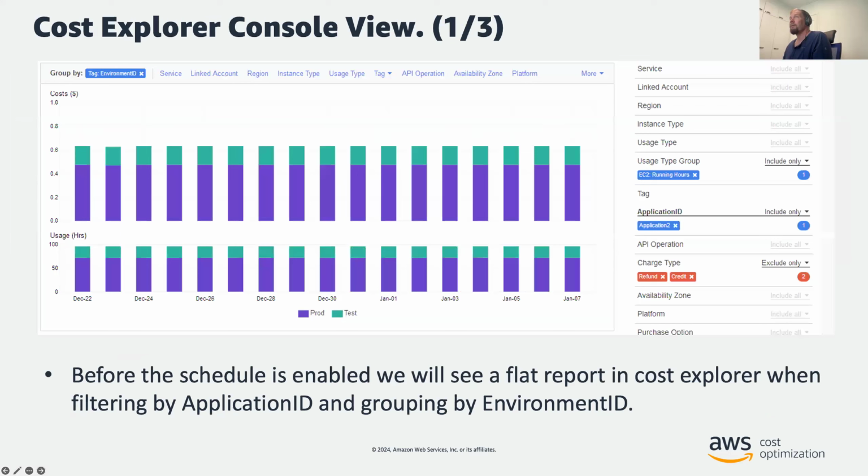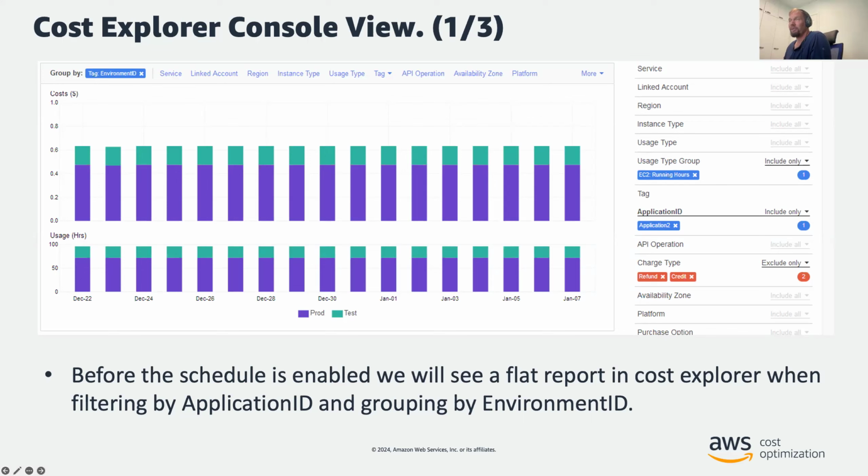So in Cost Explorer, after you have put those tags in, you can take a look at costs by environment. Right now we have an example here with the environment ID, where production and test are the ones selected, and some additional items like EC2 running hours are what's being shown here as costs.